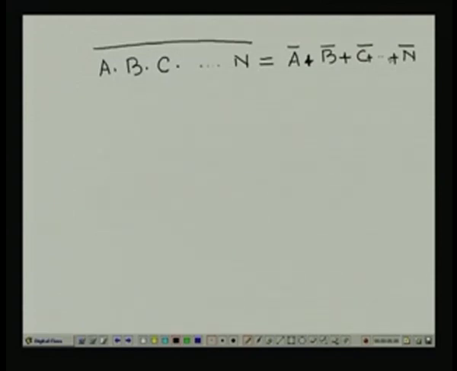Now, if we draw, a dot b is nothing but a 2 input AND gate.